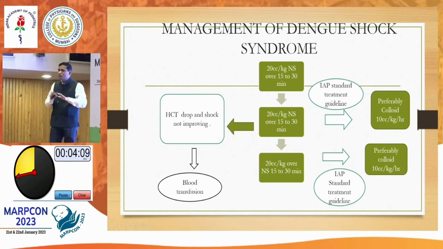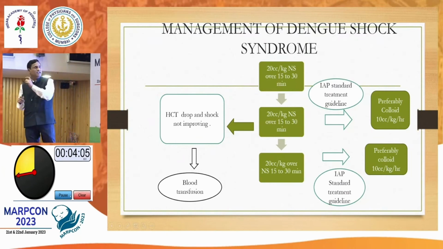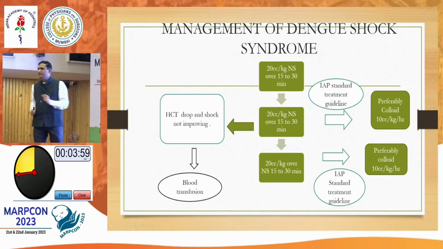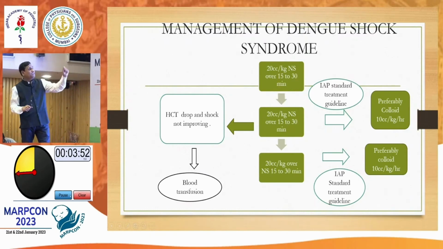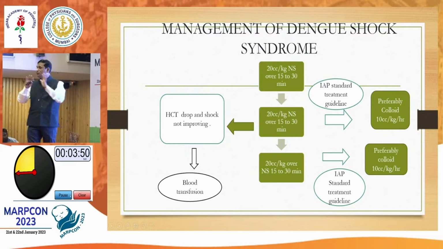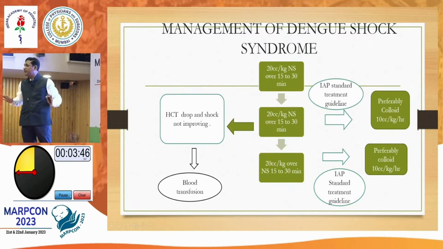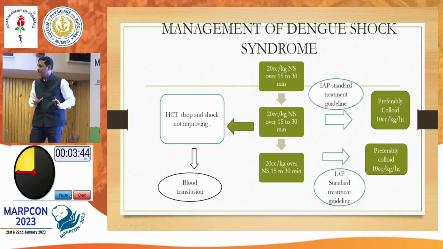Or sometimes systolic blood pressure is normal, but pulse pressure is less than 20, that is the difference between systolic and diastolic blood pressure is less than 20, then it is also labeled as shock. Third, there is absent peripheral pulsation. Start the fluid at 20 cc per kg per hour over 15 to 30 minutes. It is an infusion bolus, not a push bolus. You have to give an infusion here.